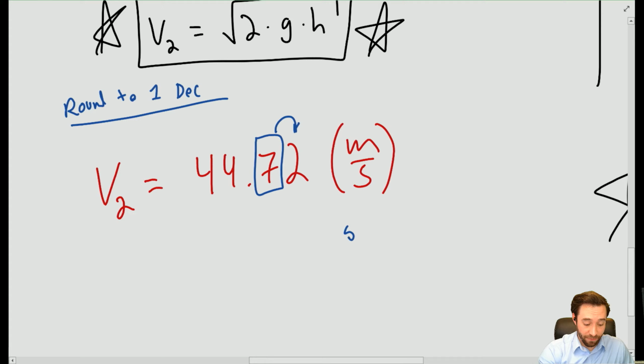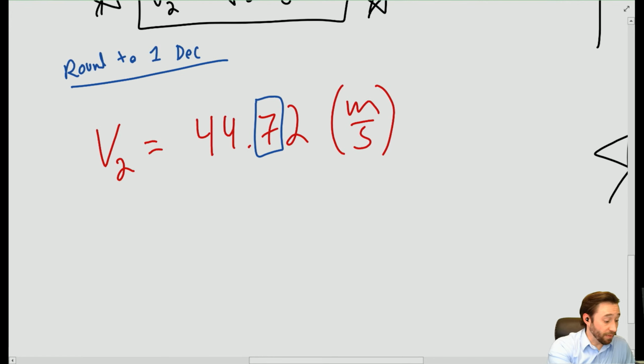And if it is a 5 or above, I'm going to round up and make that 7 into an 8. But if it is a 4 or below, I'm going to round down and keep it as a 7. So this is a value of 2, so I'm going to round down, and I'm going to keep the 7 as 7. I'm not going to go below.